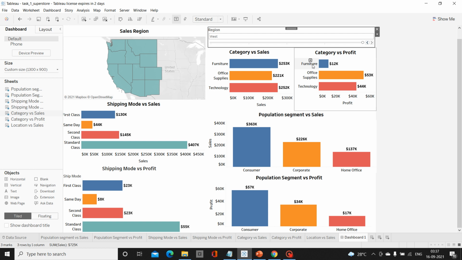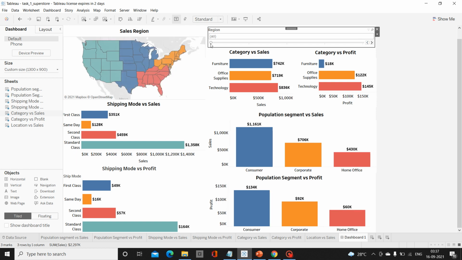Still, the profit earned by the furniture category is the least among all the three, and this creates a problem, because it's a different case where we are facing a new challenge where the furniture category is contributing as much as the other two categories. Still we are not earning profit as the other two categories are earning.